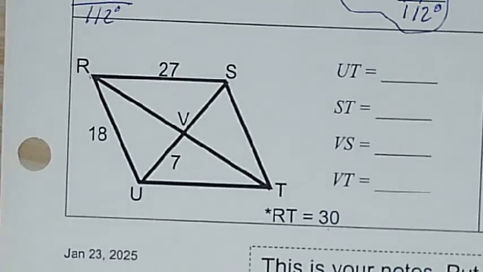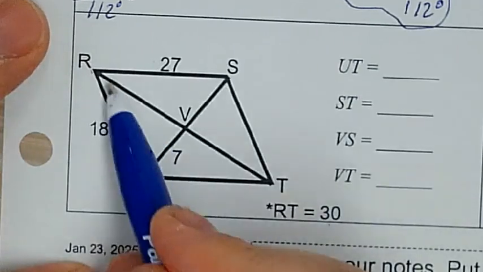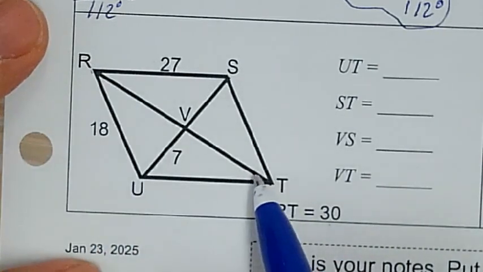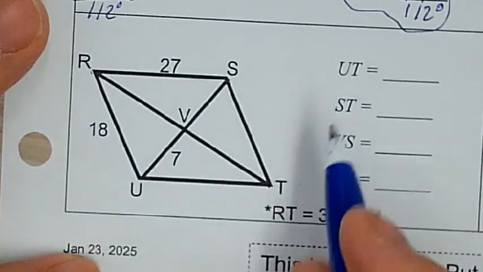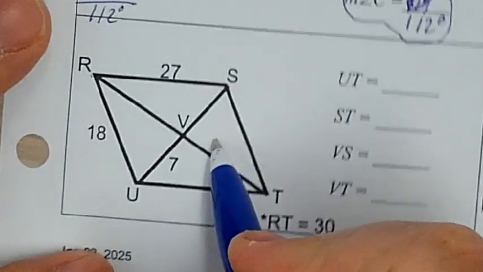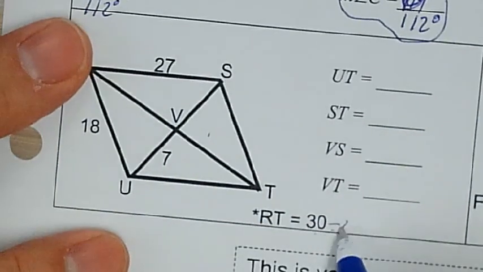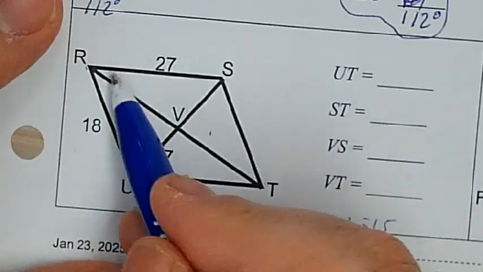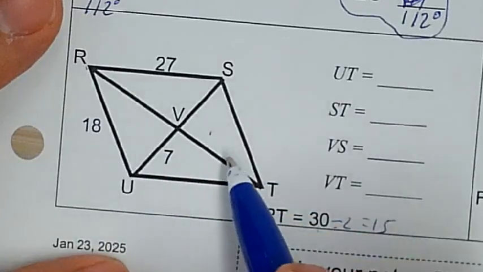If this whole thing is 30, what can you extract from that? What is 15? Yeah, if you take 30 and divide it by 2, you get 15, because remember, the diagonals bisect each other, so it's 15 here and 15 here.